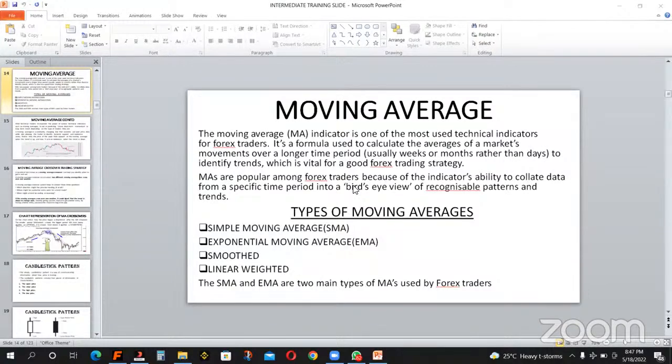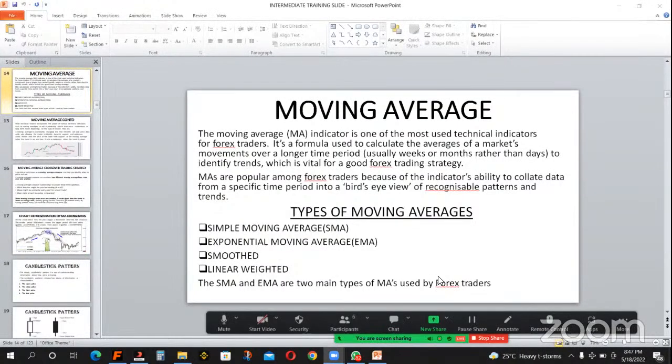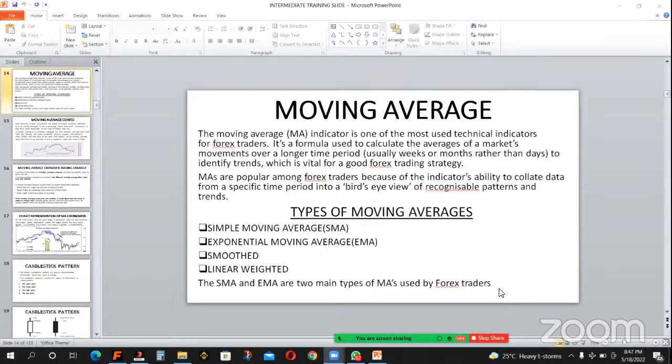We have different types of moving average: simple moving average, exponential moving average, smoothing moving average, and linear weighted moving average. The simple moving average and exponential moving average are the two main types used by forex traders.